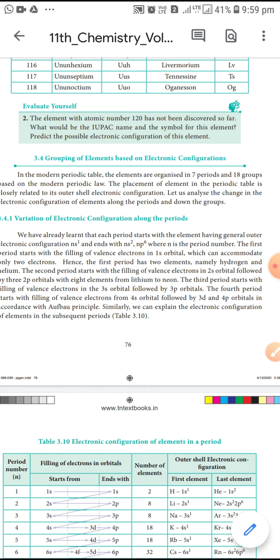These 14 elements constitute the first inner transition series, which is called the lanthanides. Similarly, in the seventh period the 5f orbital is filled. These 14 elements constitute the second inner transition series, which is called the actinides. These 2 series are placed separately at the bottom of the periodic table.